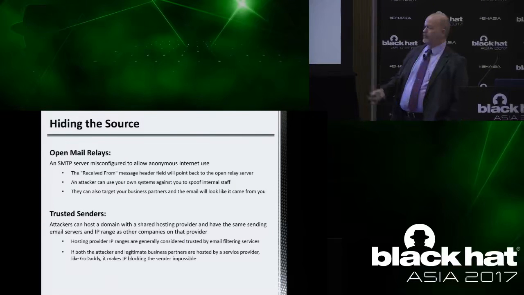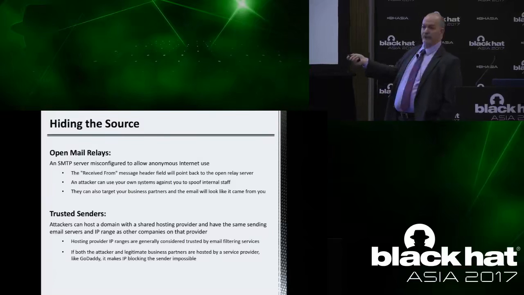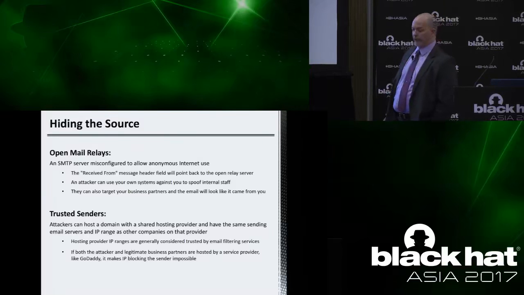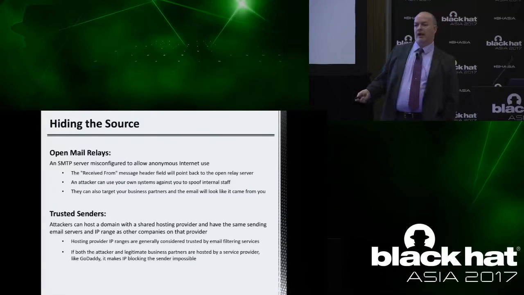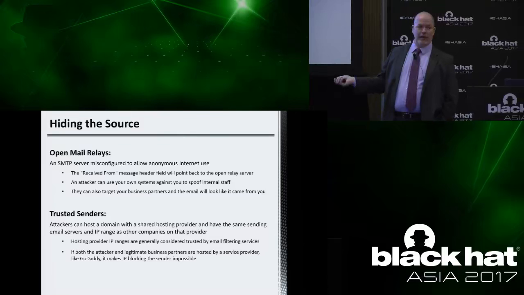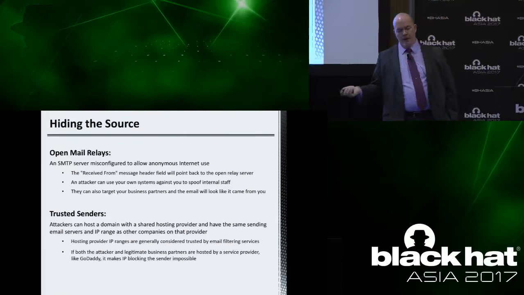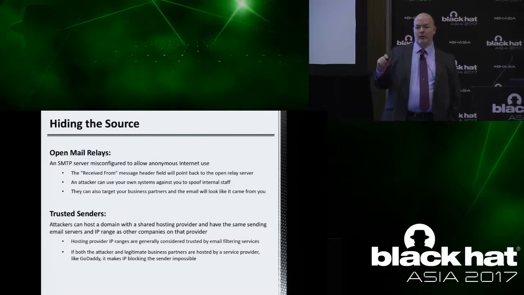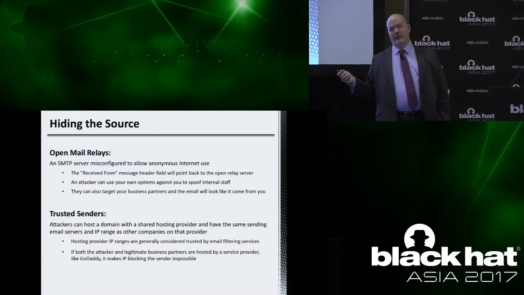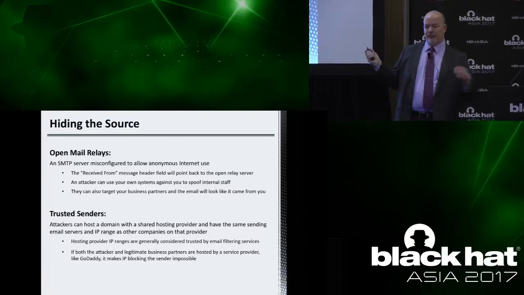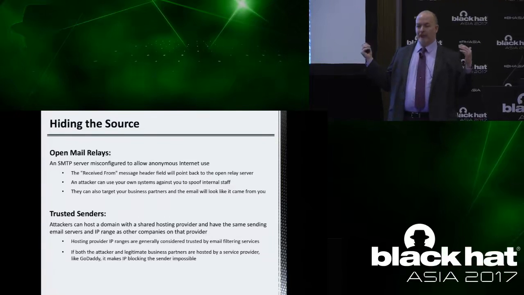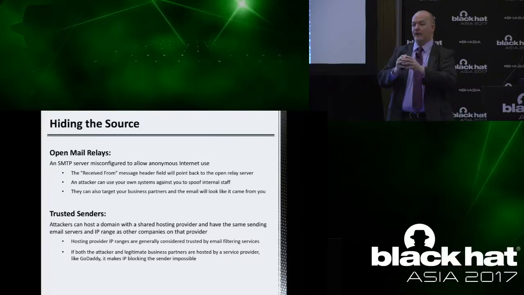That's not actually the most common mechanism though. Trusted senders is the most common mechanism I see. Trusted senders are ISPs, internet service providers, hosting providers, like GoDaddy, for instance, right? Where you can go register a domain. The problem with you registering a domain on GoDaddy, if that's where your domain lives and a bad guy wants to leverage it, is all of the emails that come out of the various GoDaddy domains go through their consolidated set, cluster, farm, however you want to look at it, of email servers.